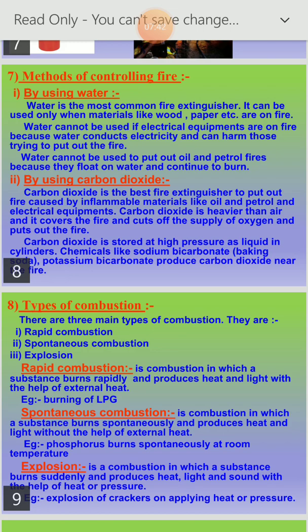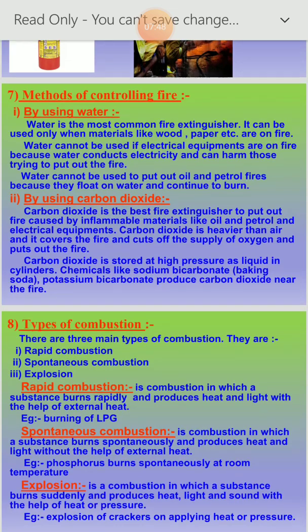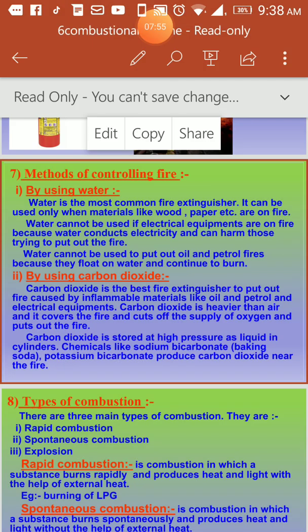Next, types of combustion. What is combustion? It is a chemical process in which a substance reacts with oxygen to produce heat.